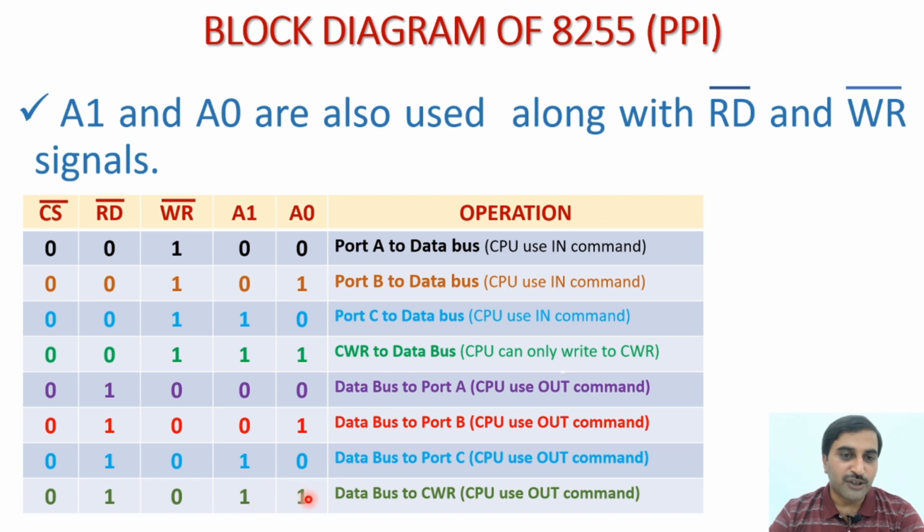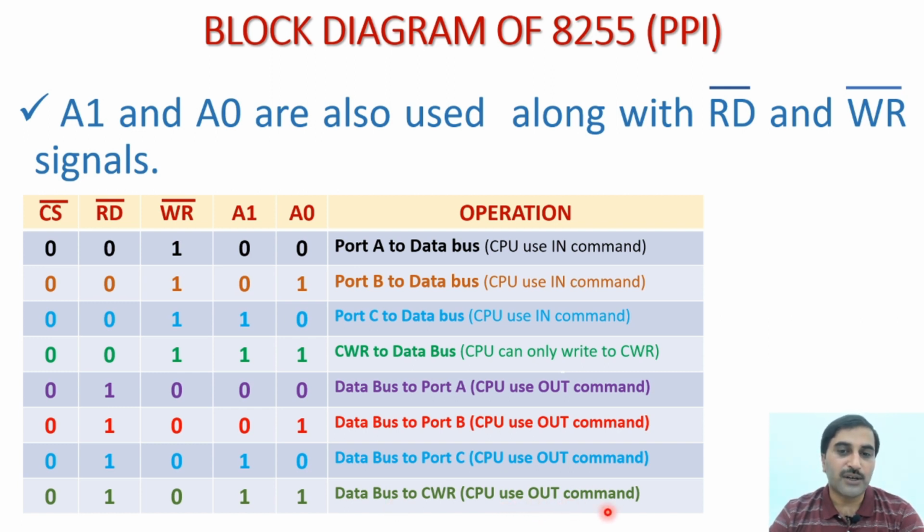When A1 and A0 are 11, then the control word register will be selected. Now the write cycle is active. That means now you can write the control word register through the microprocessor by utilizing the data bus buffer of the 8255. So for this purpose the OUT command is utilized.